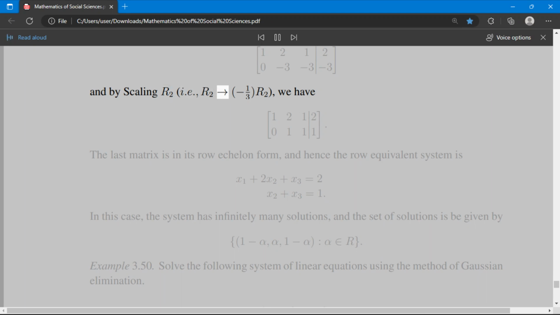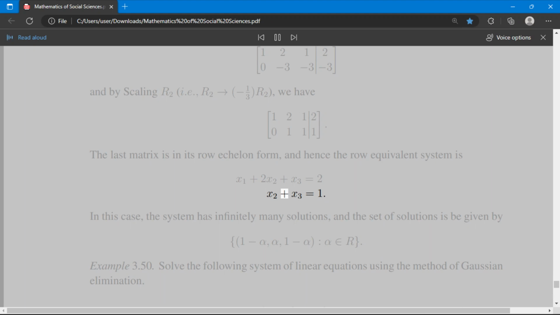And by scaling R2, i.e., R2 rightward arrow 1/3 R2, we have [1 2 1 | ...; 0 1 1 | 1].